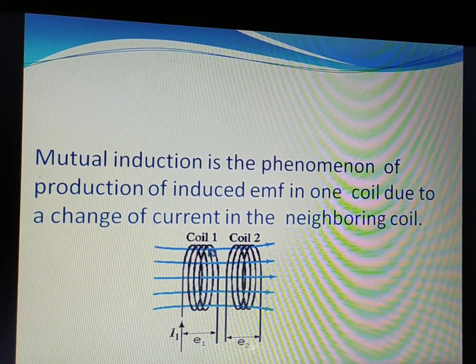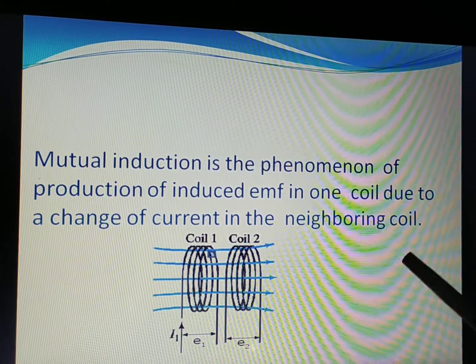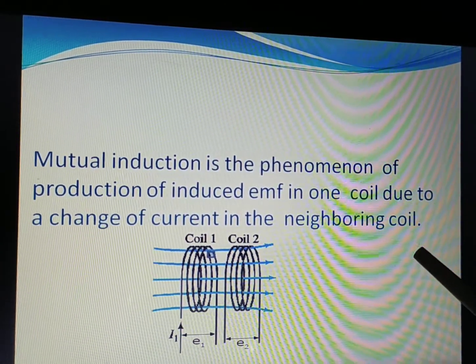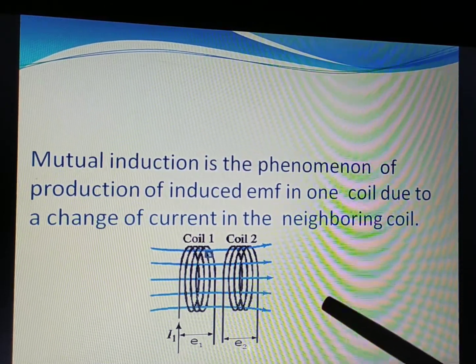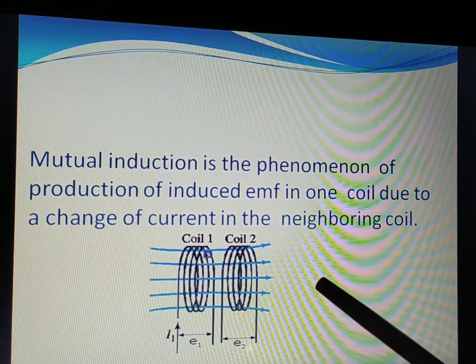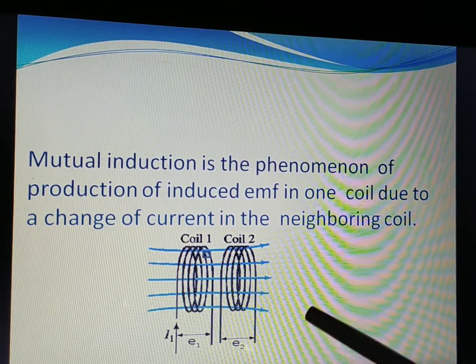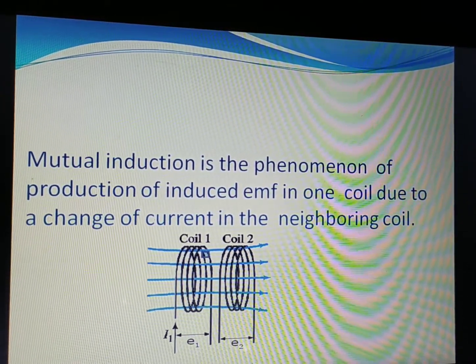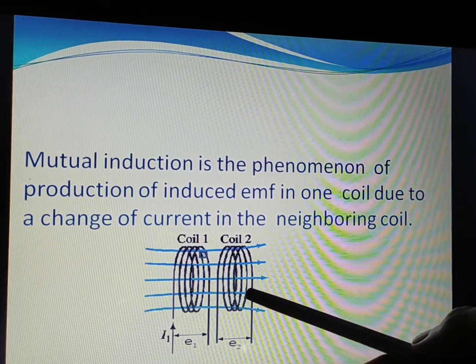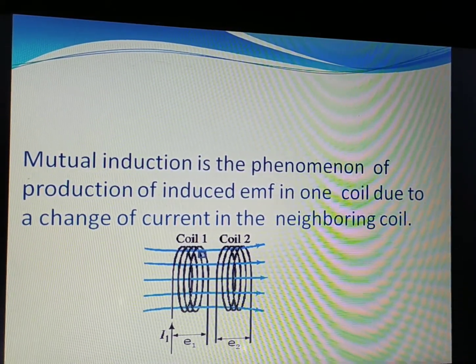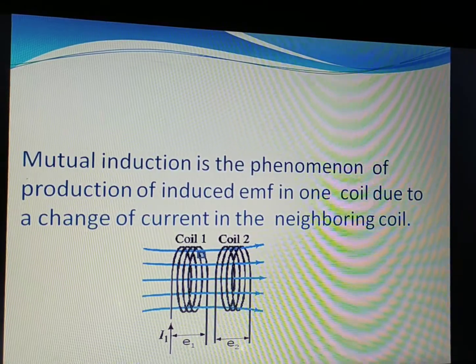Due to this change in current in coil 1, there will be a rate of change of magnetic field linked with coil 1. Due to that, there will be a rate of change of magnetic flux, and this will be observed in the neighboring coil, which is coil number 2. So this is how we define mutual induction.